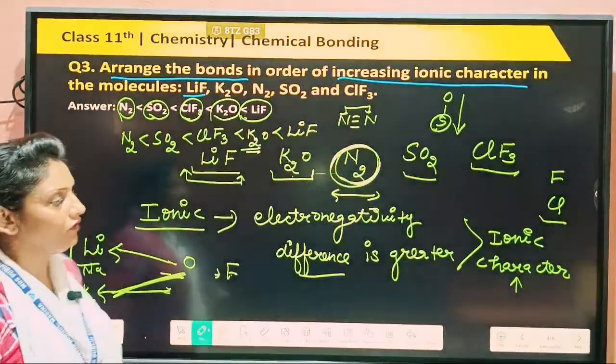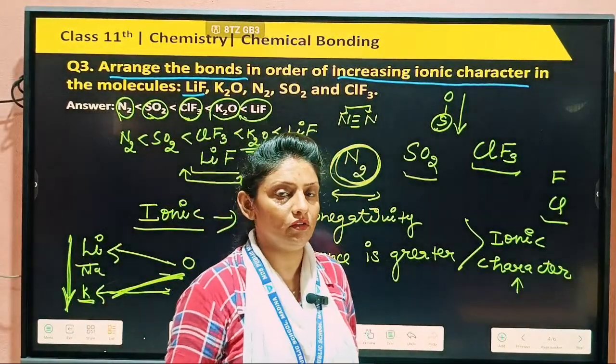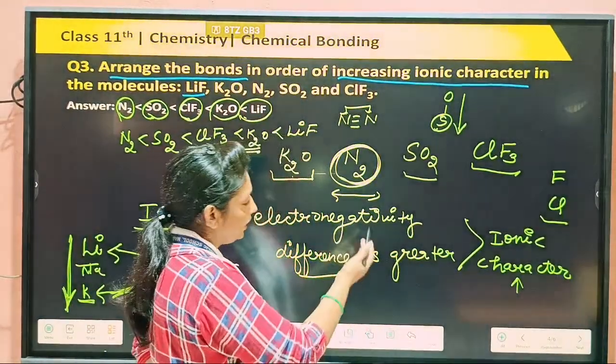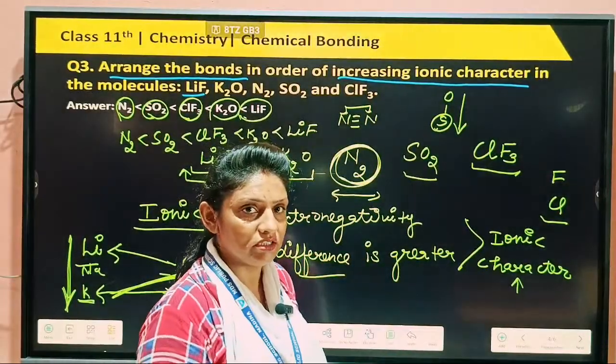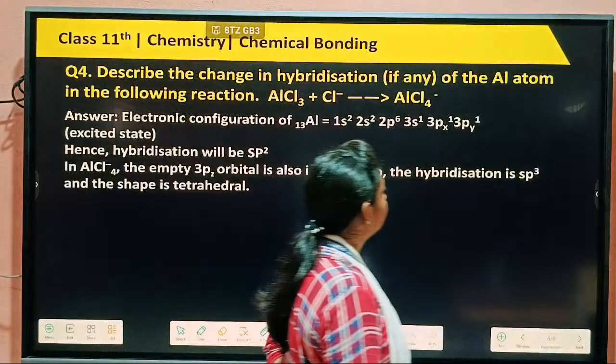If electronegativity difference increases, then ionic character also increases.